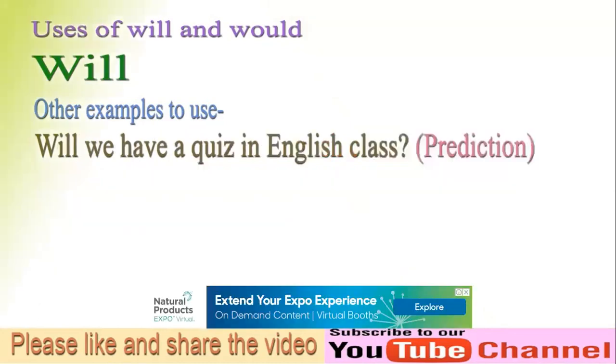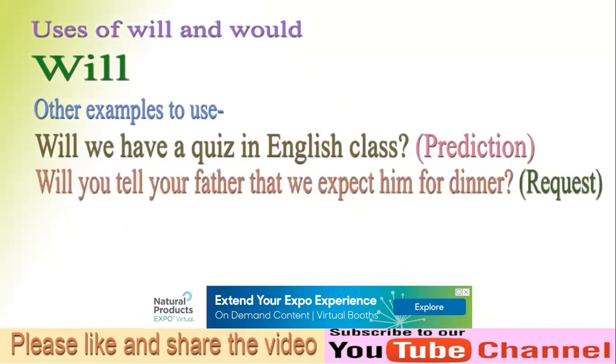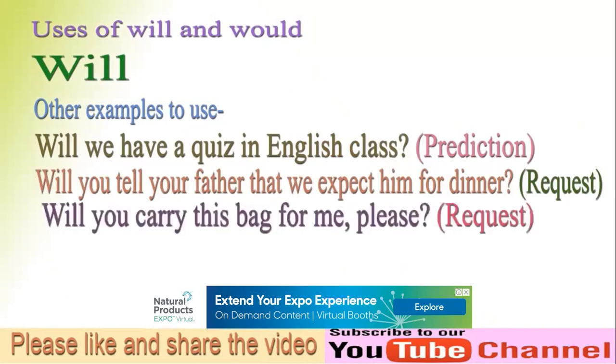Will we have a quiz in English class? Another example that shows prediction. Will you tell your father that we expect him for dinner? This example shows the request. Will you carry this bag for me, please?